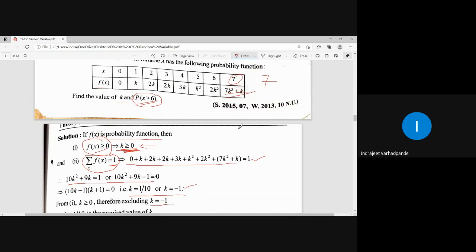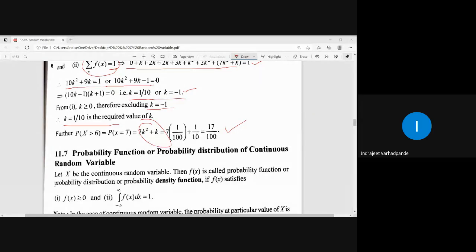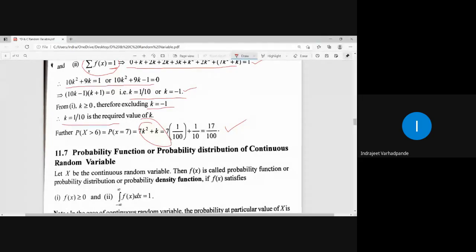I have obtained the value for k, so I will just put down the value for k in this 7k square plus k, and that will be the probability obtained for x greater than 6. Clear? That is how it will be obtained and we can simplify it. So this is how the problem can be solved related to the discrete random variable.